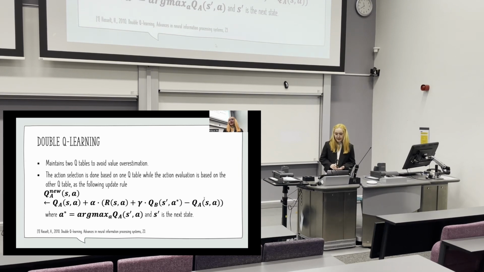Then double Q learning is an improvement over the original Q learning algorithm, which maintains two Q tables to avoid value overestimation.